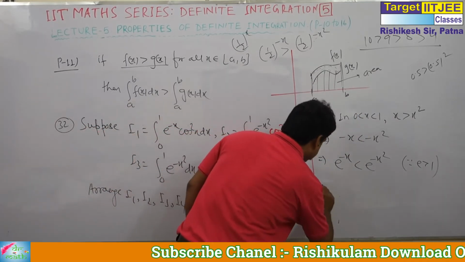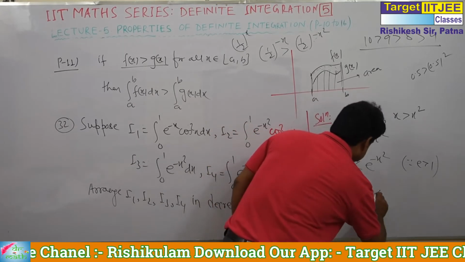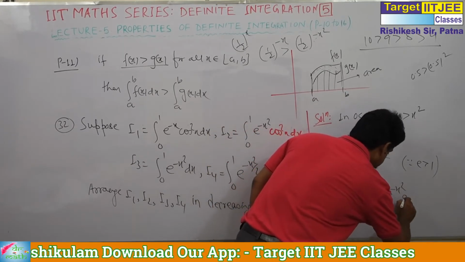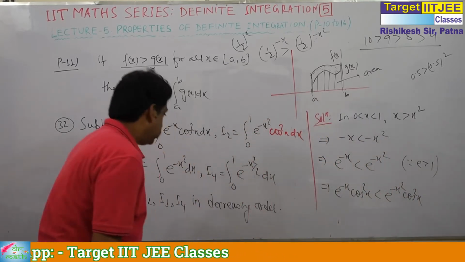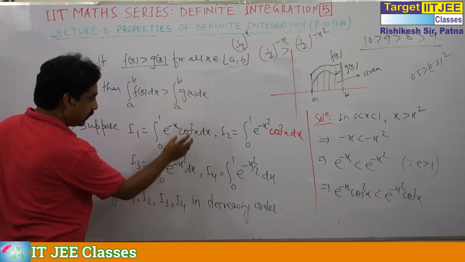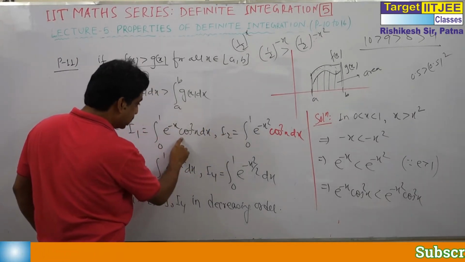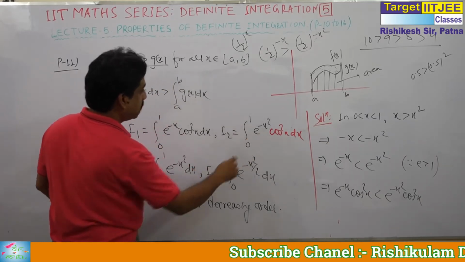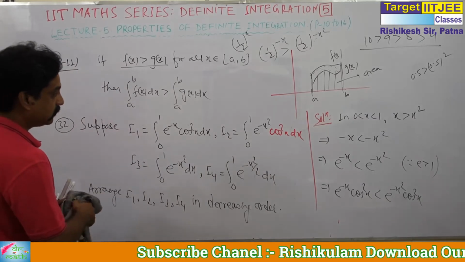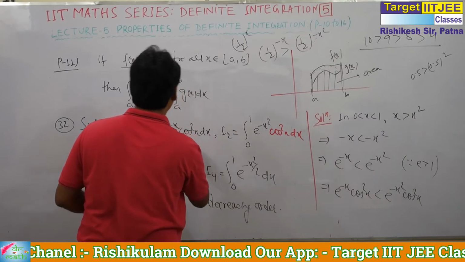Multiply both by cos square x. Now you can compare the first two. Between these two, this is greater and this is less.